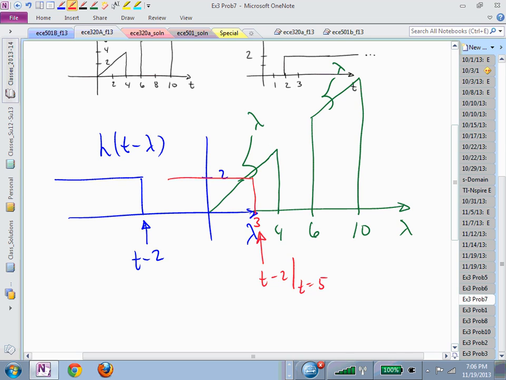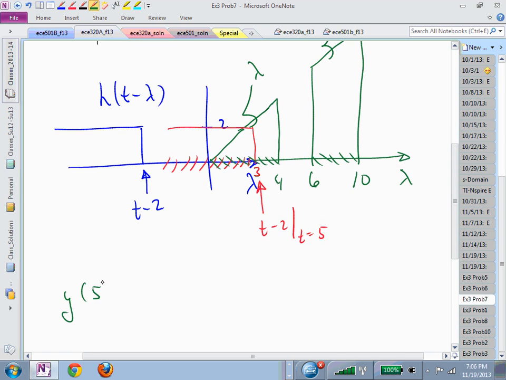Is that making sense? So I now start shading. I'm going to shade this one. And then I have the x, and I'm saying, okay, y of 5 is going to be this integral, and what do I have? I have the two functions, don't I? I have lambda, that's x, and then I have h of t minus lambda, but that's just 2 d lambda. And what are my limits of integration?